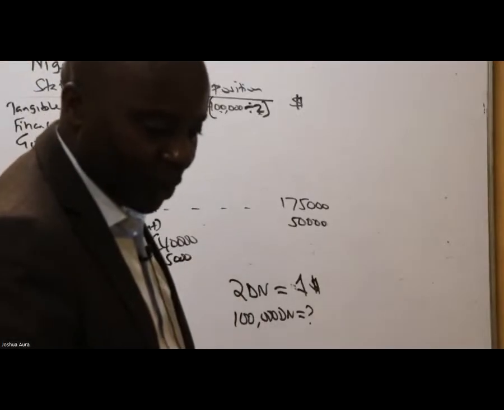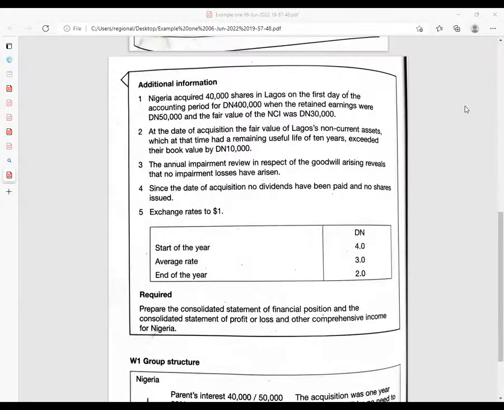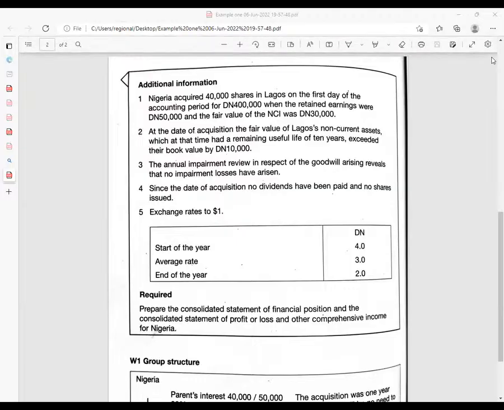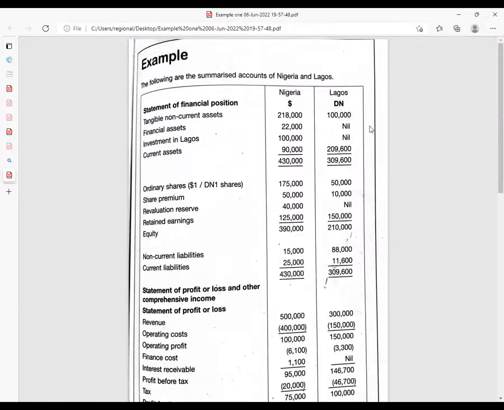The next item is the financial assets. This is basically a free mark thing, because it is 22,000 plus 0. I love free marks in group consolidation.